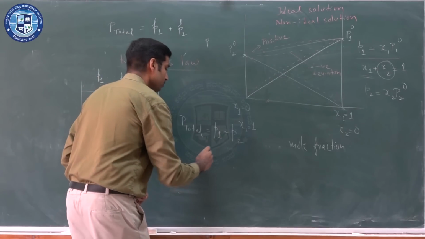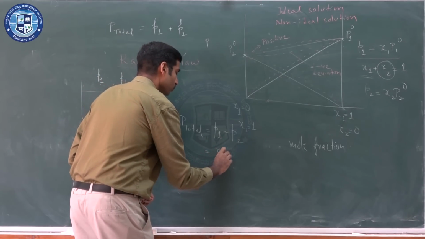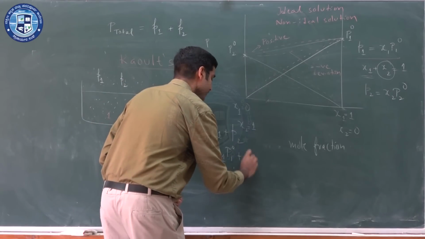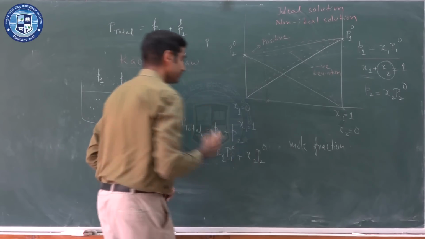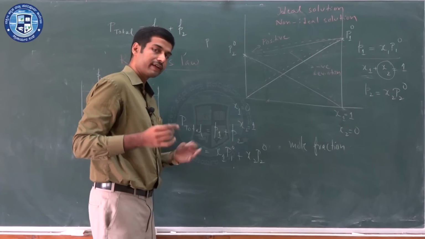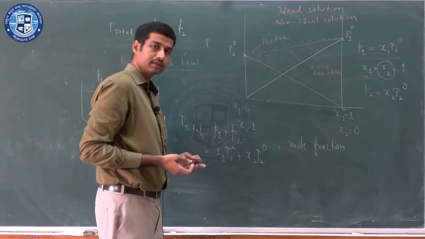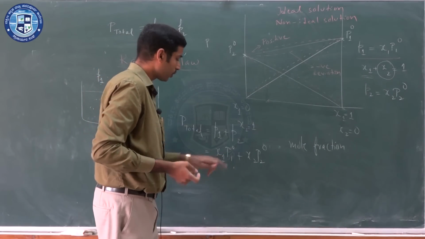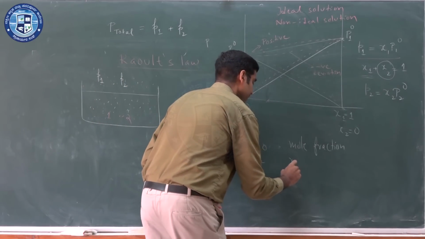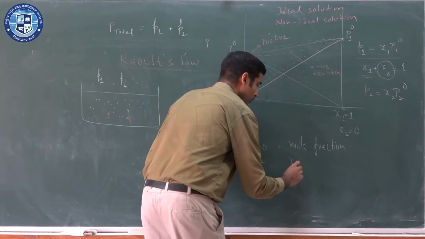This according to Raoult's law is mole fraction of component 1 into vapor pressure of pure component 1 plus x2 into P2 0. Now if I want to express this in terms of mole fraction of any of the components, I can express this in terms of component 2 or component 1. Let me assume this in terms of component 2.